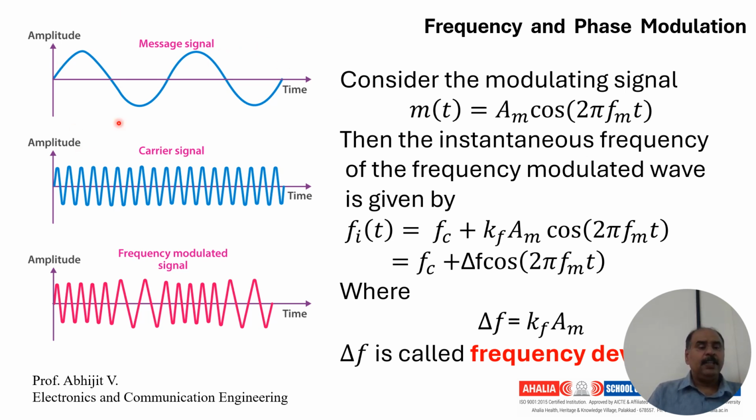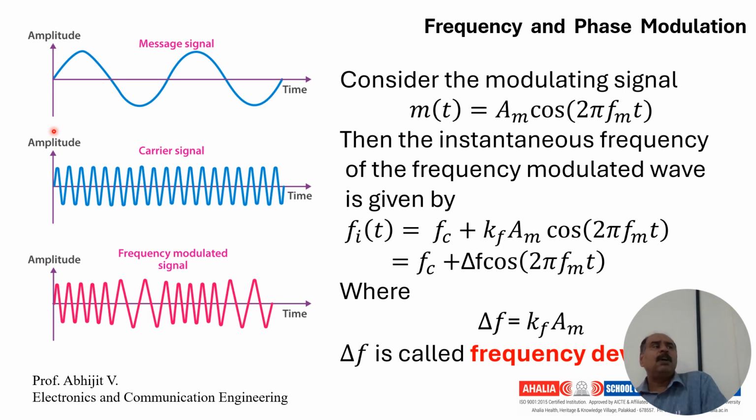This is the message signal and you have a carrier signal that varies with the amplitude, and here you have a signal whose frequency changes with the message signal. When amplitude changes, you can understand that it moves like this. When frequency changes, you are having gaps in between.